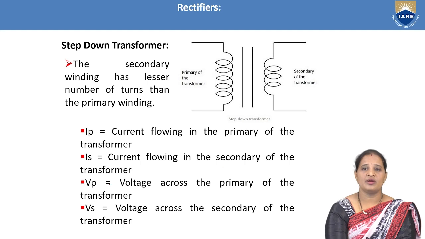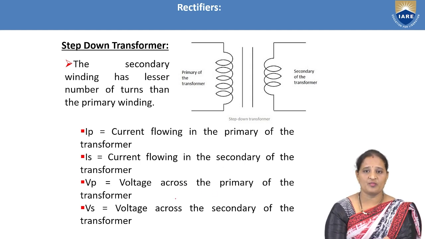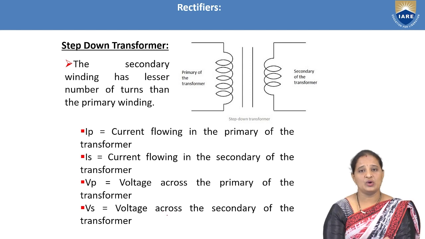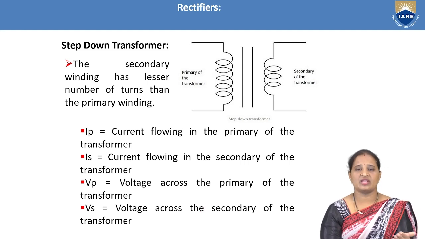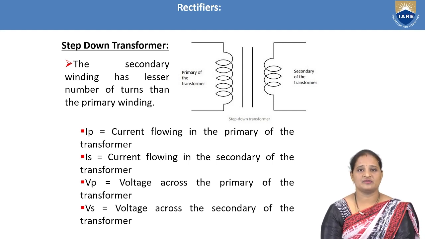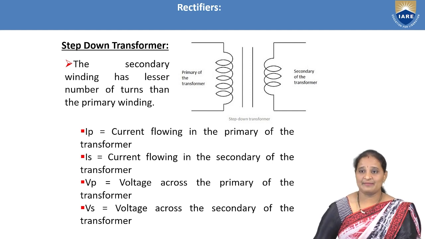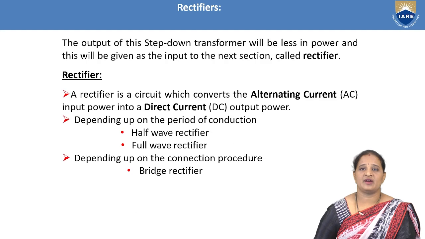VP is the voltage drop across the primary winding, and VS is the voltage drop across the secondary winding. Instead of IP, IS, VP, VS, we can also represent these with I1, I2, V1, V2 respectively. The step down transformer is the most commonly used transformer in the rectifier.